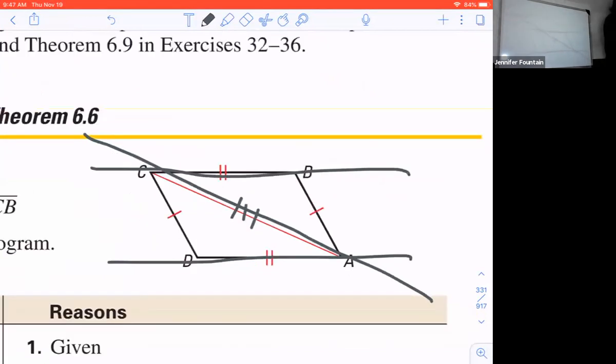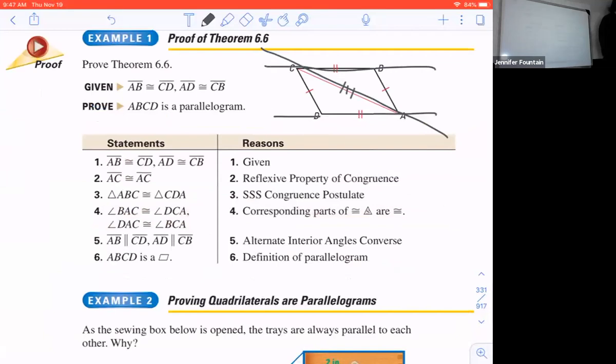If you need to draw it out to see it, that's just fine. Therefore, since my opposite sides are parallel, I know that ABCD is a parallelogram using the definition of a parallelogram.